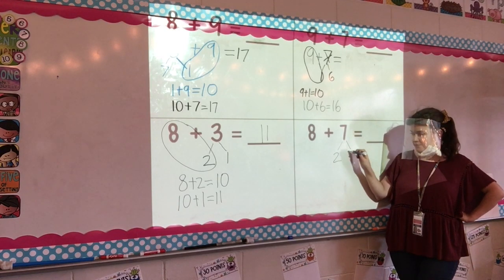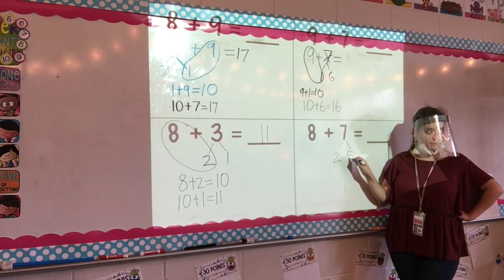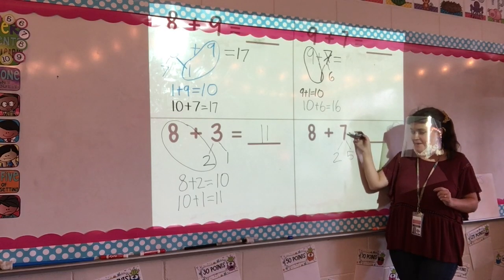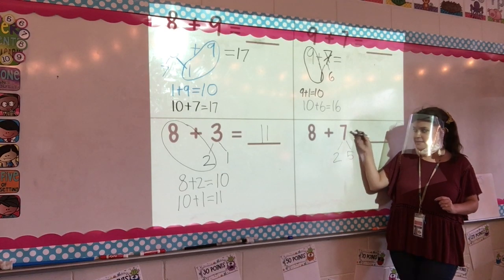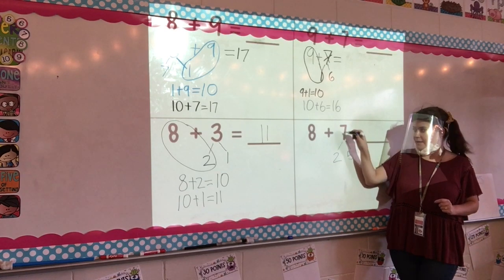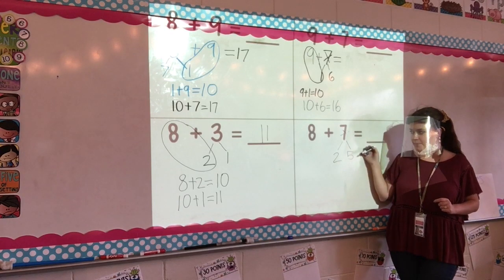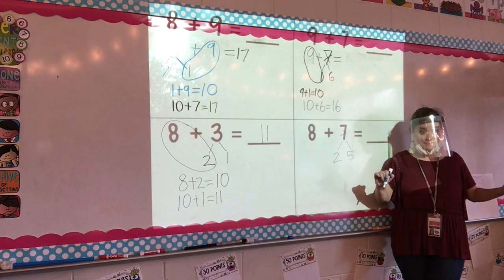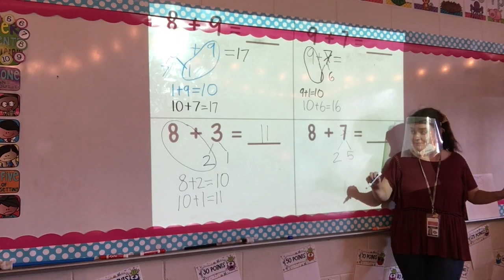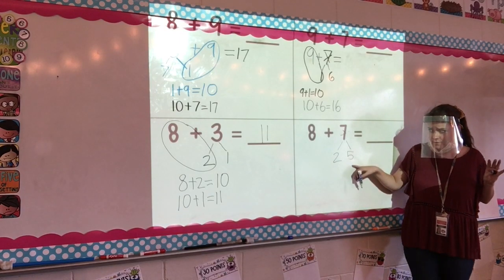Why am I doing 2 and 5? 2 plus 5 is 7, and 8 needs that 2 to be 10. Is this 7 here anymore? No, it's gone. It was broken up. What is my very next step? I have a 2 and a 5.